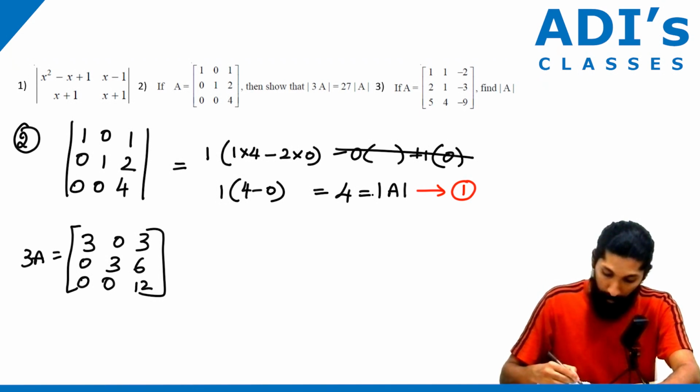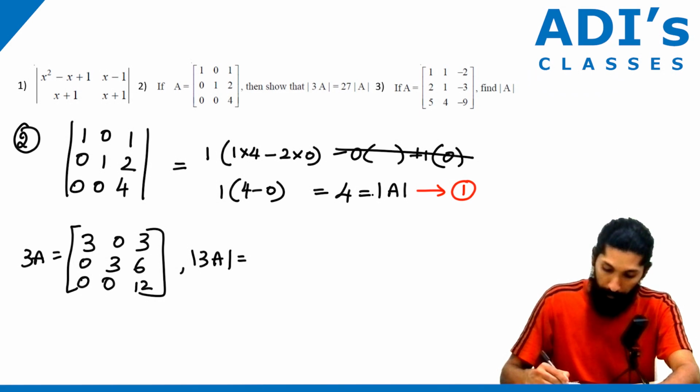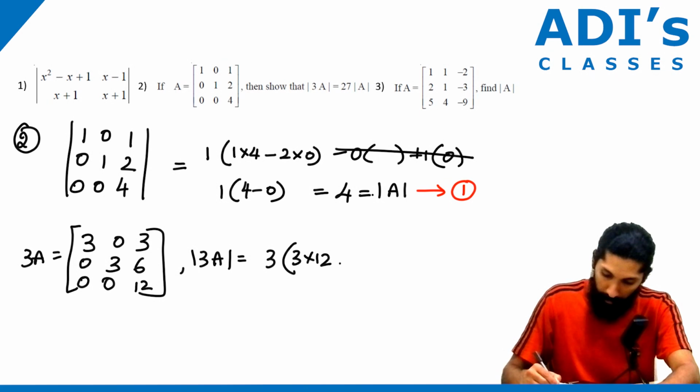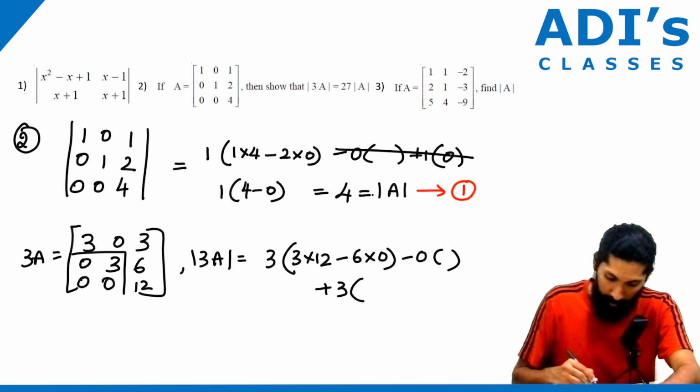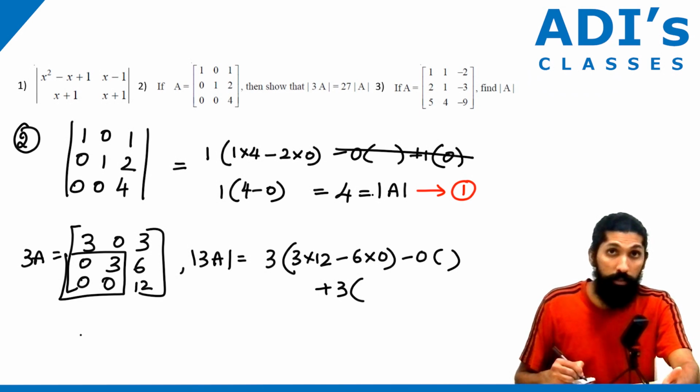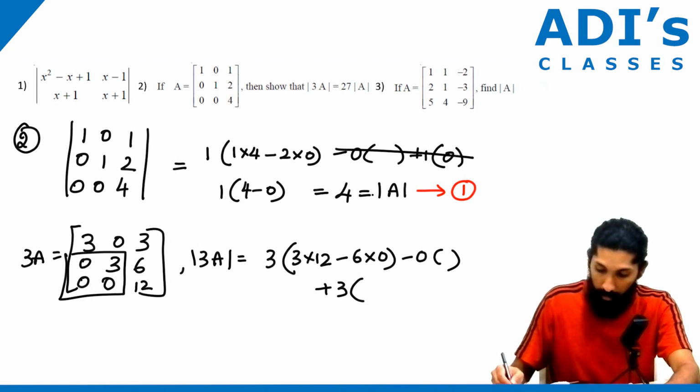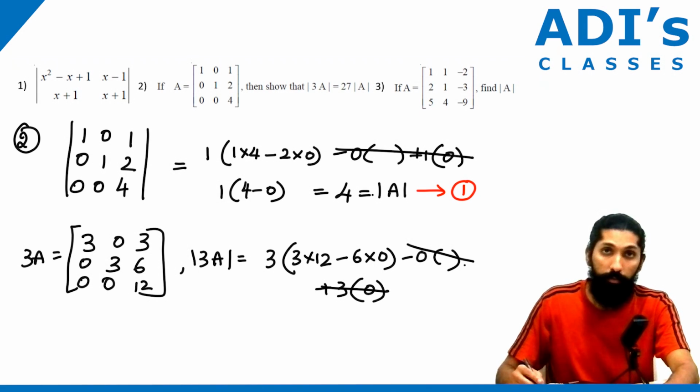So determinant of 3A is equal to, we can do it directly, 3 into 12 minus 6 into 0 minus 0 into anything. 0 into anything is 0 anyway. Plus 3 into, now you have to take this small one. 0, 0, obviously 0 minus 0 only you will get. So 3 into 0. This is 0, this is 0.